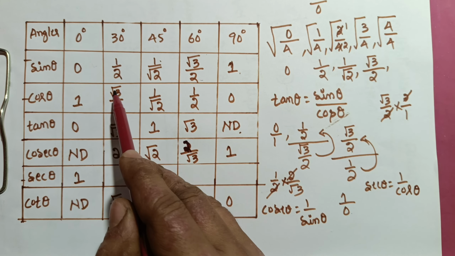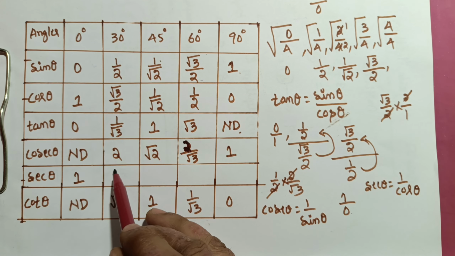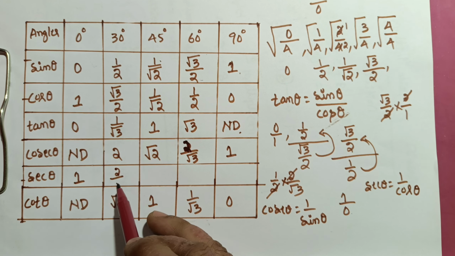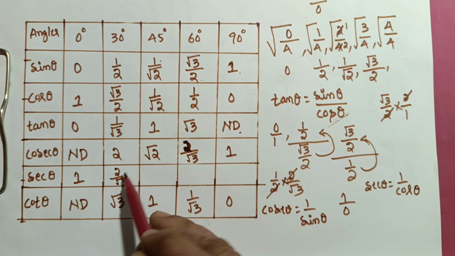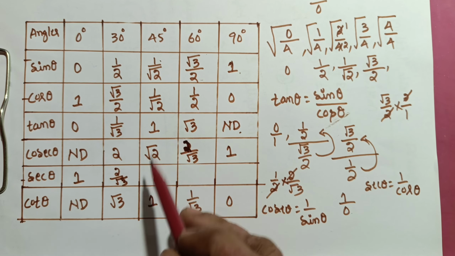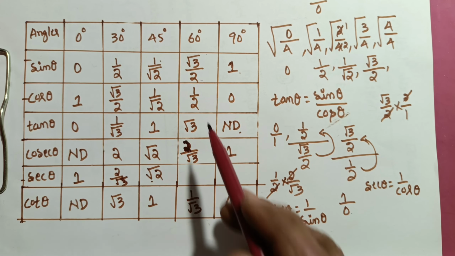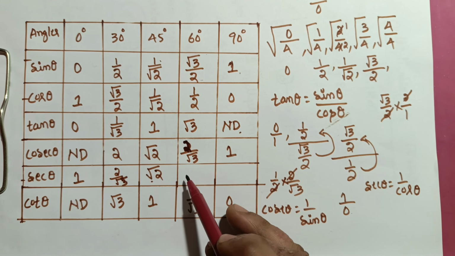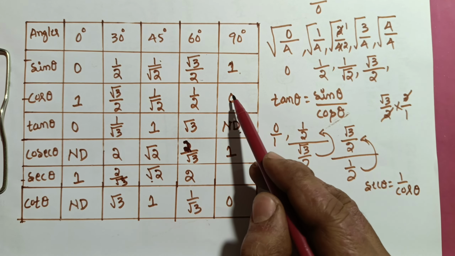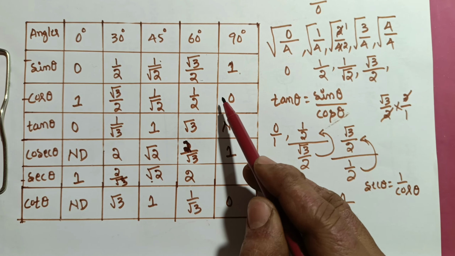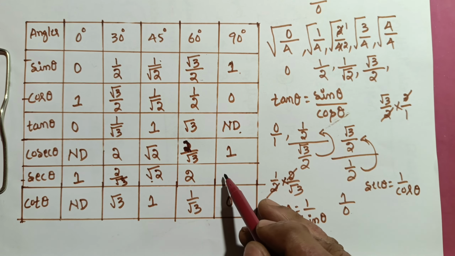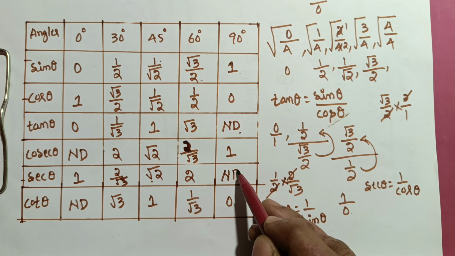Now root 3 by 2, if you take the reciprocal, 2 by root 3. 1 by root 2, if you take the reciprocal, root 2 by 1 is root 2. 1 by 2, if you take the reciprocal, is 2. Then 1 by 0 we cannot define, that is not defined.